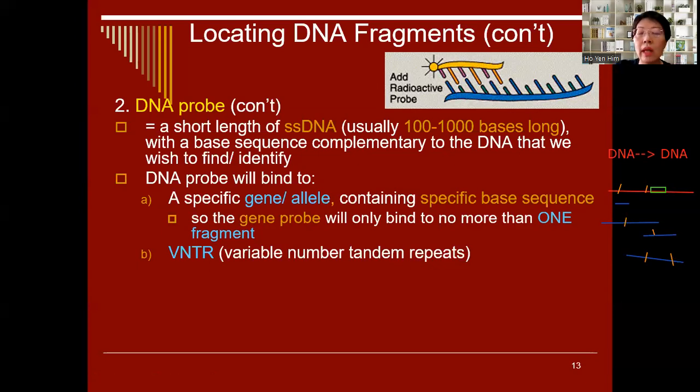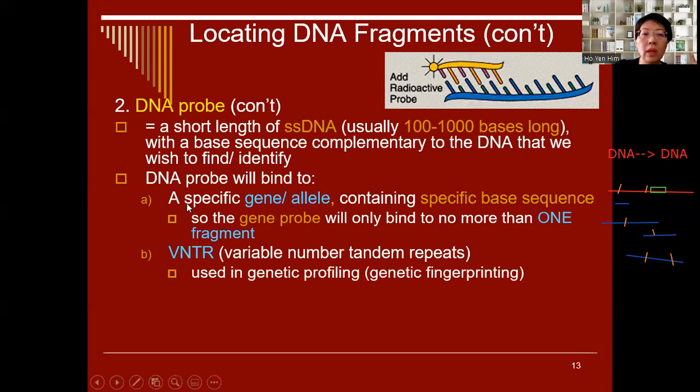So now you know there are two types of DNA probe. Either it can bind to the gene or it can bind to the VNTR region in the DNA. So when we use a DNA probe that binds to the VNTR region, this is used in the genetic profiling or genetic fingerprinting process, which I'll elaborate later on.